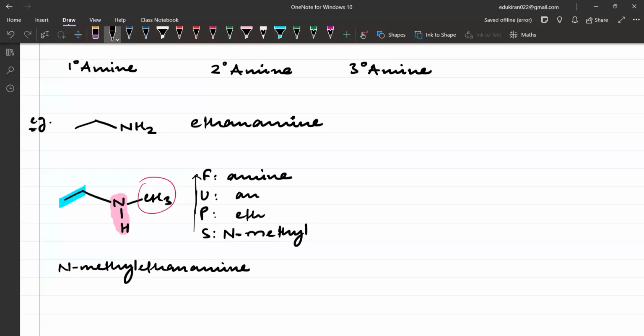ठीक है. Similarly, if you have, let us suppose you have three carbon atoms and nitrogen में आपके पास लगा हुआ है एक CH3 and here also you are having CH3. So for this, as you can see, there are two methyl groups, and both are attached on nitrogen. तो जैसे हम लोग करते हैं ना 2 डाइमिथाइल, अगर सेकंड कार्बन पर रहता है, उसी तरह से यहाँ पे क्या लिखेंगे हम लोग N,N-डाइमिथाइल.